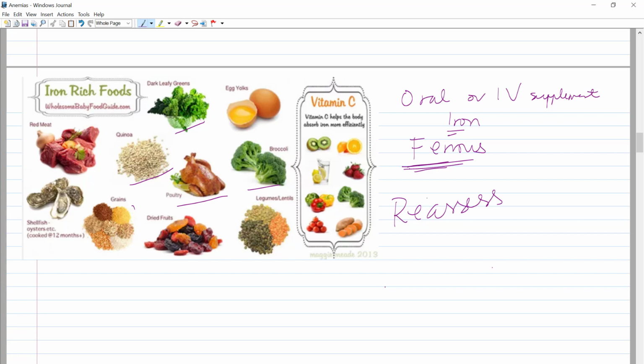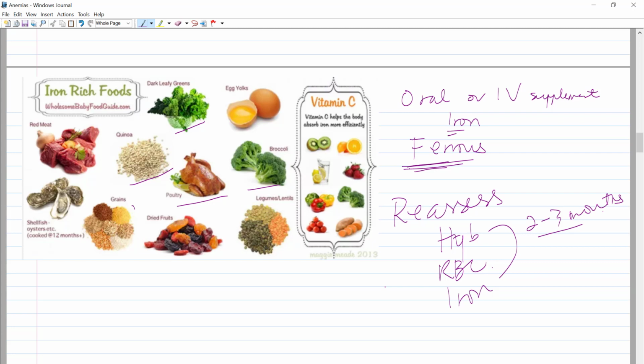So we have to check the hemoglobin level, we have to check the RBC level, we have to check their iron level. Okay, and the thing with this is that it doesn't change drastically a few hours after. No, it really takes 2 to 3 months for us to say that this patient is getting stabilized.